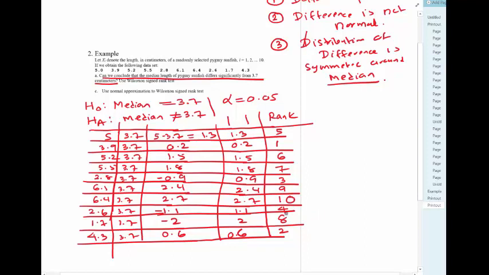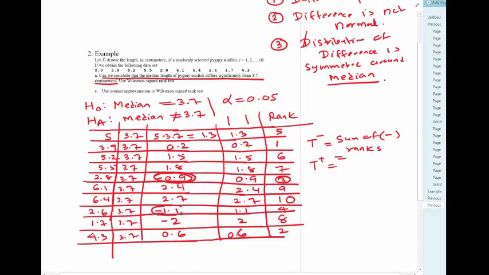Okay. So once you have the ranks, you have to calculate two quantities. One is called T minus and the other one is T plus. T minus is the sum of negative ranks. So what are the negative ranks? This one is a negative value, so its rank is a negative rank, 3.